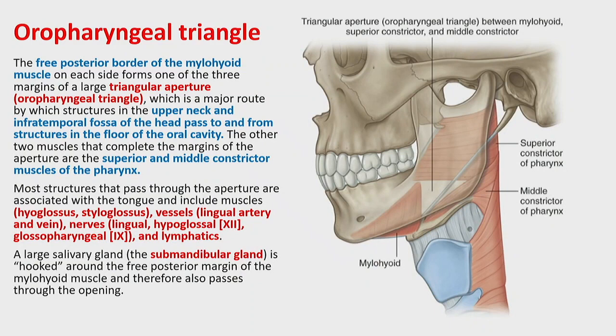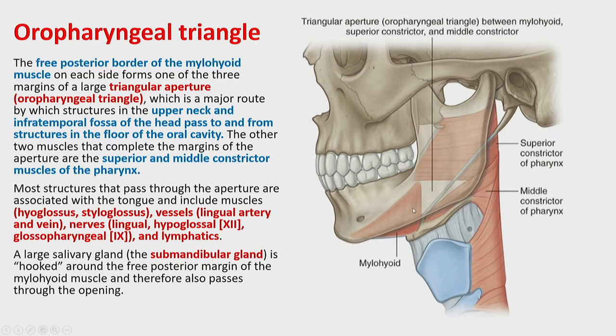The oropharyngeal triangle that I mentioned, through which several structures pass, is the triangle between the mylohyoid muscle, and posteriorly the superior constrictor muscle of the pharynx and the middle constrictor muscle of the pharynx. Yes?